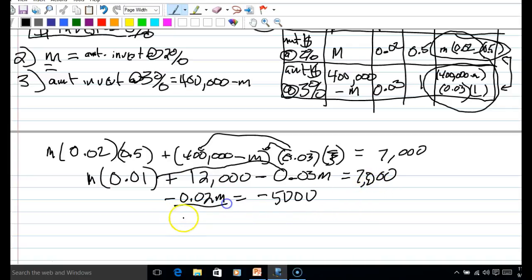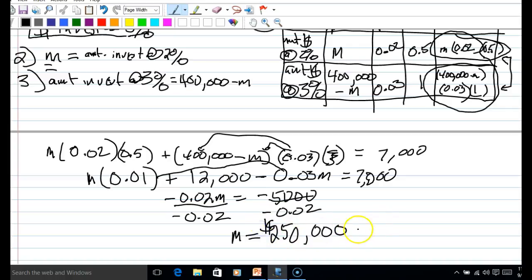So now I divide both sides by negative 0.02. And negative divided by negative is positive, so that gives me M is equal to $250,000. And that's the amount of money she invested at 2%.